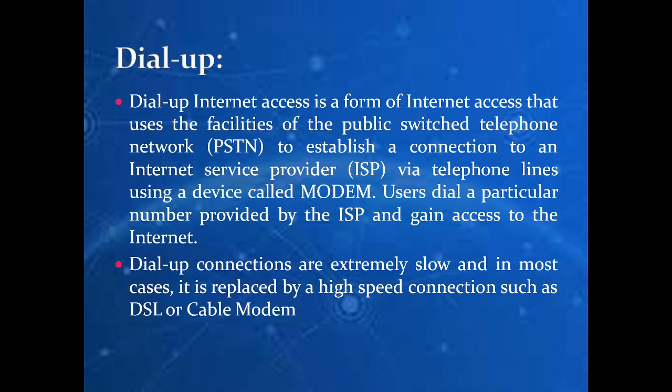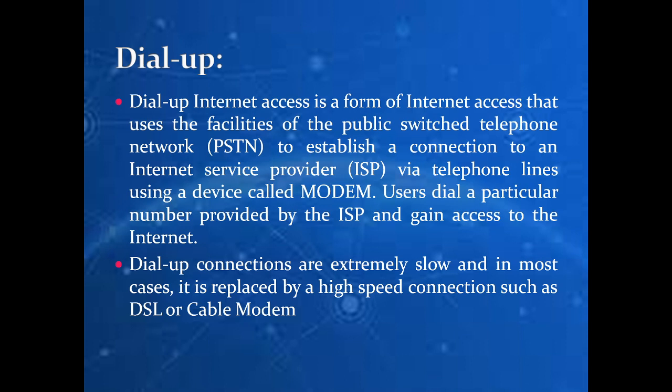So for dial-up connection, we need a computer, a modem, and a telephone line. The telephone line is connected with the modem through our system. Users dial a particular number provided by the ISP and gain access to the internet. The ISP provides a particular number so that while dialing it you will have access to the internet.